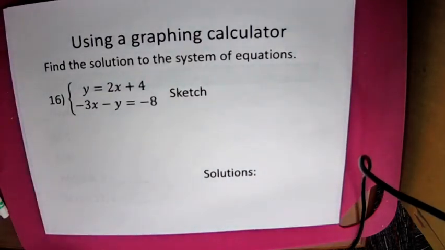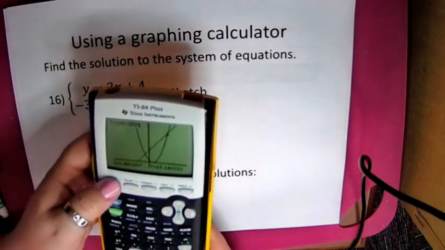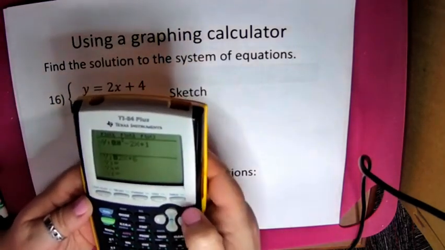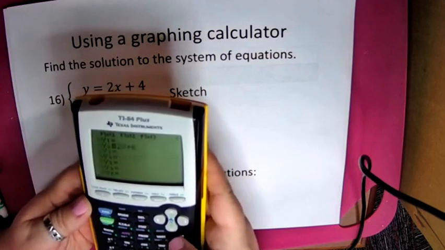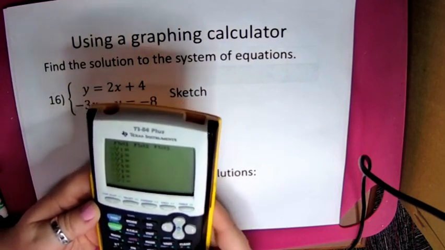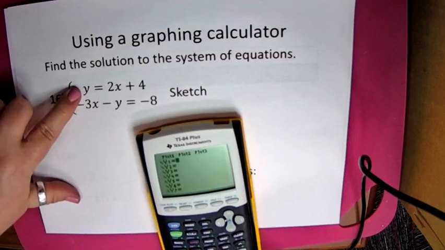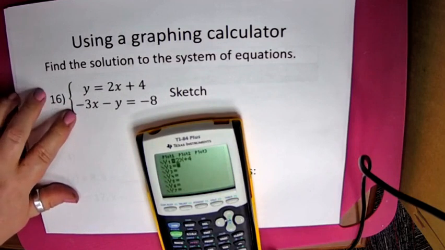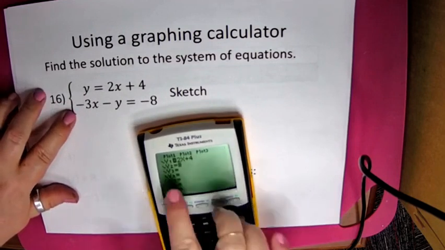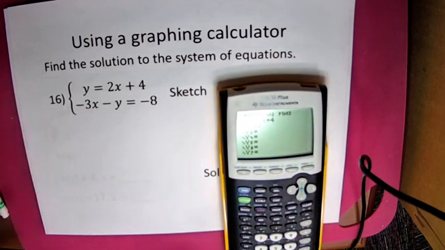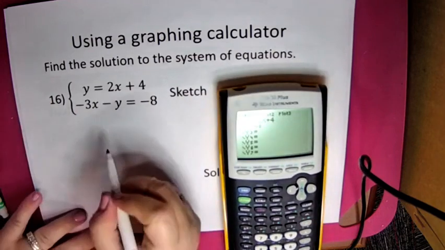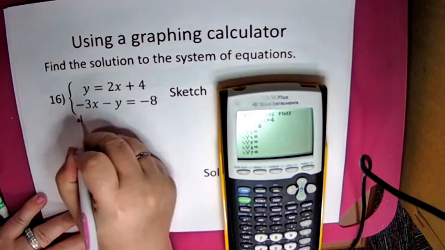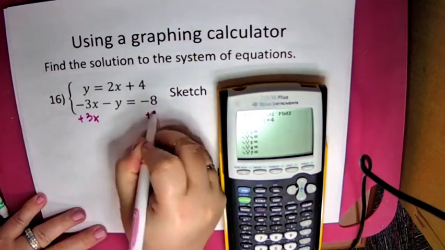Let's just practice one more time. Okay, so I'm going to go to my y equals button, clear these guys out. Okay, and then I'm going to put in 2x plus 4 and -3. Wait, that's trouble. That doesn't say y equals. So what I'm going to have to do is fix that. I'm going to have to add 3x to both sides.